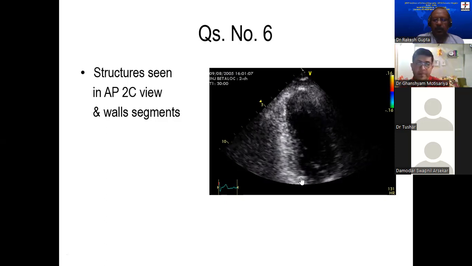Papillary muscle. Papillary muscle inside. Let him. His patients are not going to come to you for examination. He has to deal with his own patients.